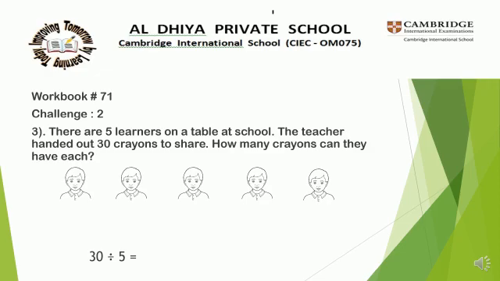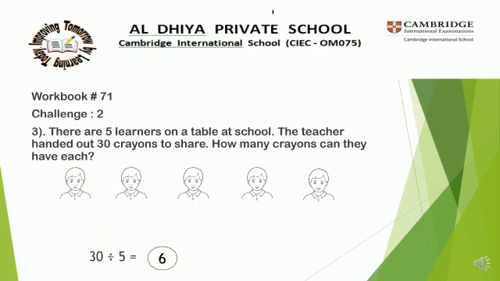You have to tell the 5 tables. 5 ones are 5, 5 twos are 10, 5 threes are 15, 5 fours are 20, 5 fives are 25, 5 sixes are 30. So the answer is 6.